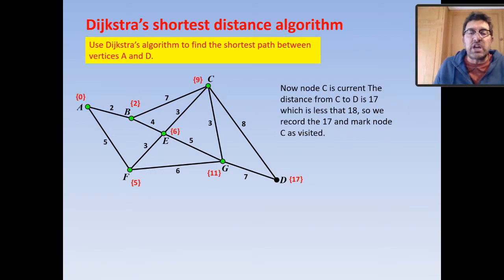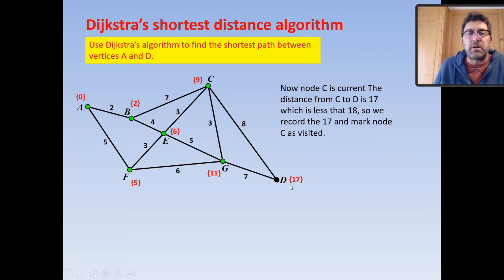So we change this node to a 17. And there we've continued our journey. We can mark node D as visited, and that gives us the minimum distance, or the shortest path, to get from vertex A to vertex D.